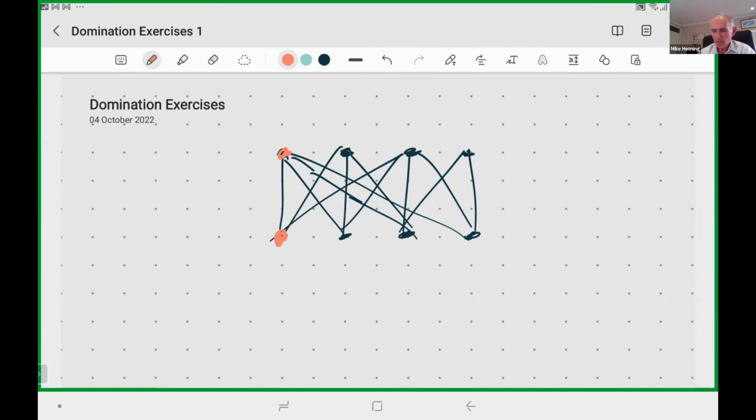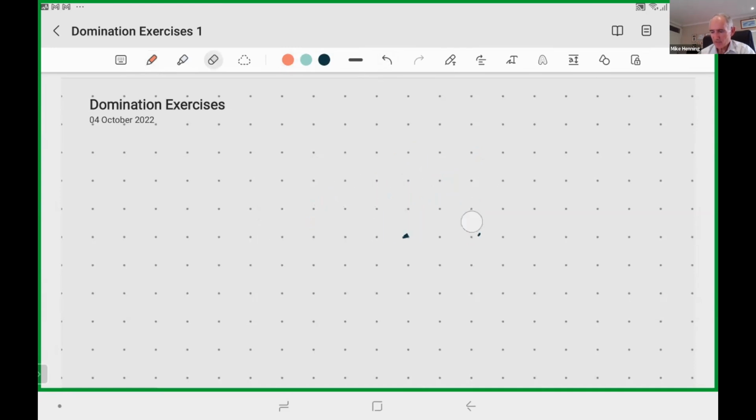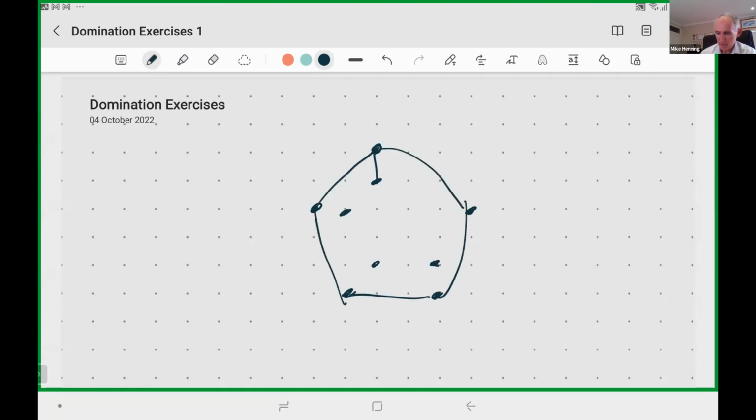And let's take this 5 prism as another example, just to illustrate the definition of minimal. I've drawn it very badly, but let's take the 5 prism.